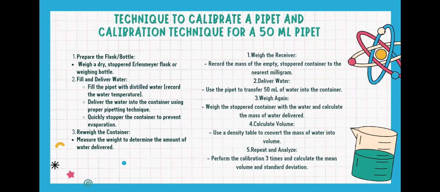Third step is to weigh the stoppered receiver and its content and calculate the mass of the water delivered by difference. Fourth step is from the delivered mass of water, calculate the volume delivered using the appropriate density data table. The last step is to repeat the calibration 3 times and calculate the mean volume delivered and the standard deviation.